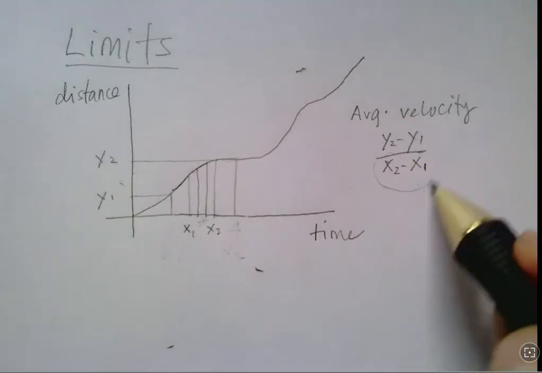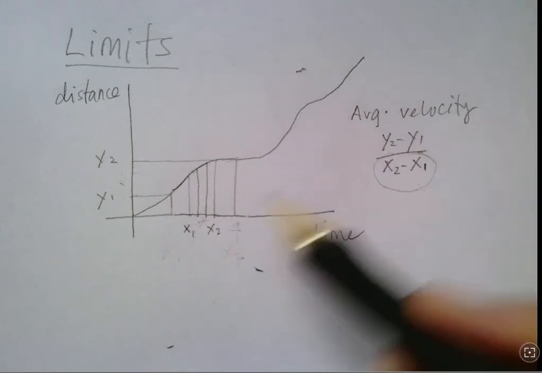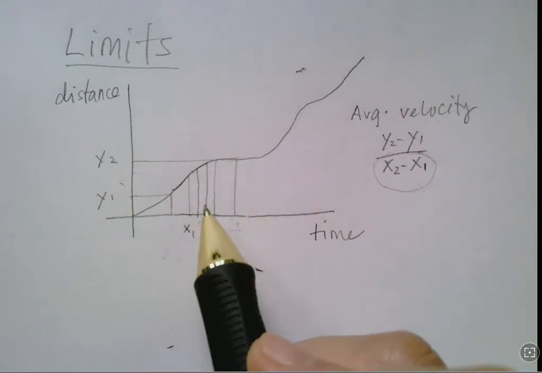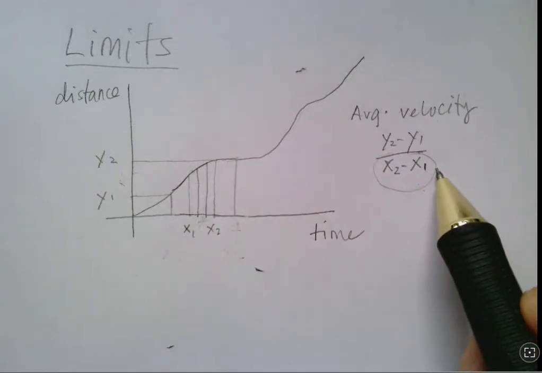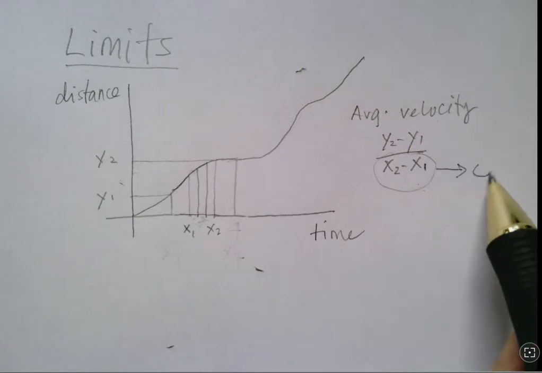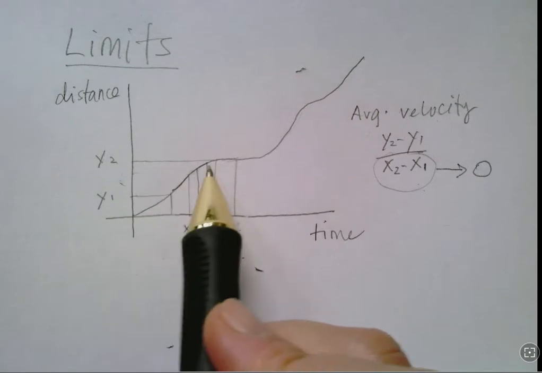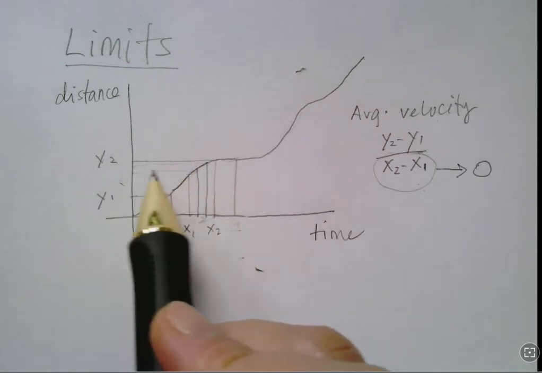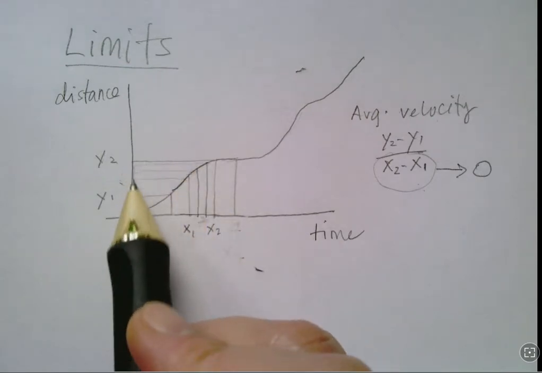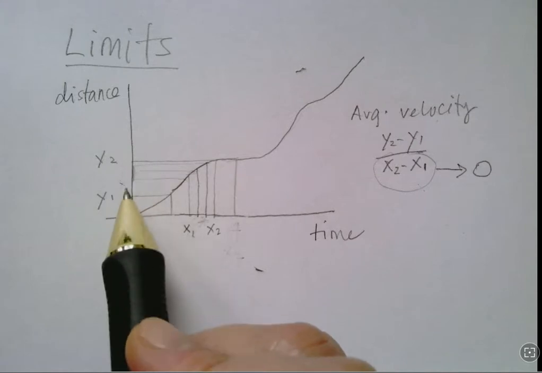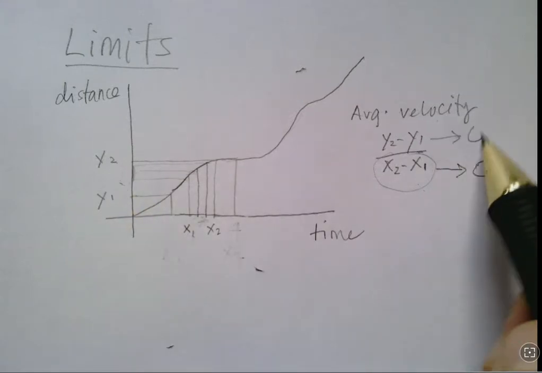What's happening to the denominator as I take the average velocity over smaller and smaller intervals? This quantity is going to 0, right? And in fact, this quantity between the differences from y1 and y2, that's also going to 0.